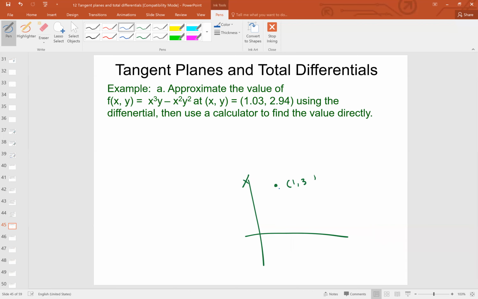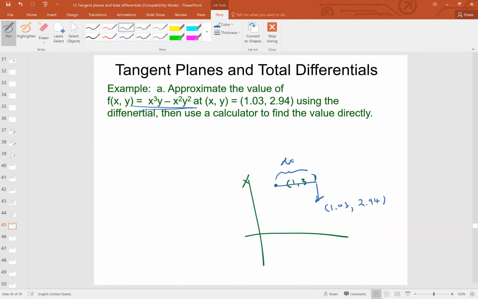And we want to estimate, as we change our position and move over to the point (1.03, 2.94), what is the change in the function values. So if I move from (1, 3) to this point, the amount of dx is going to be 0.03. And then I go down to 2.94, and dy is going to be minus 0.06.